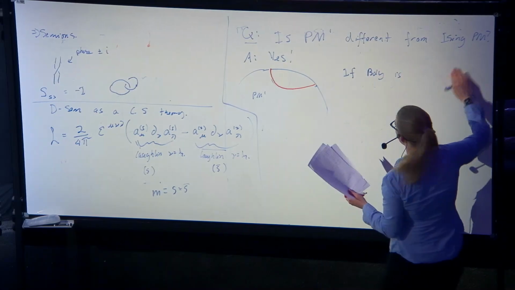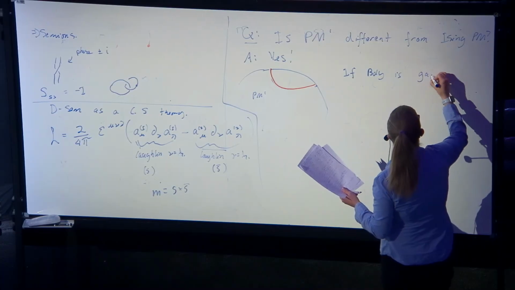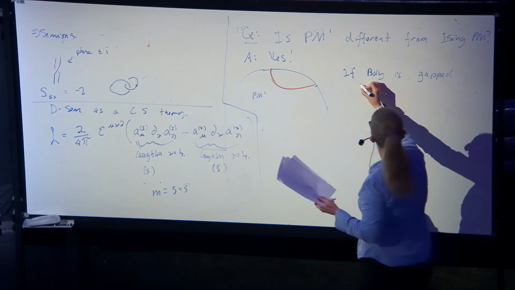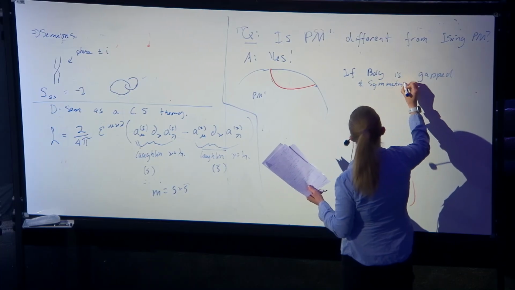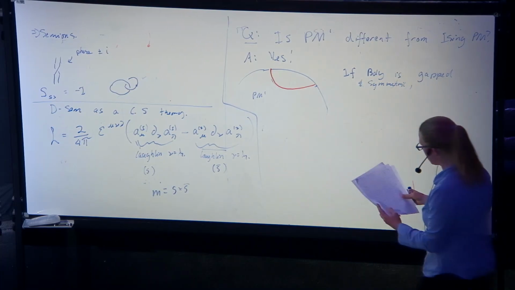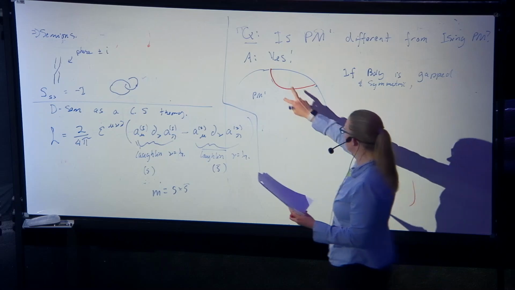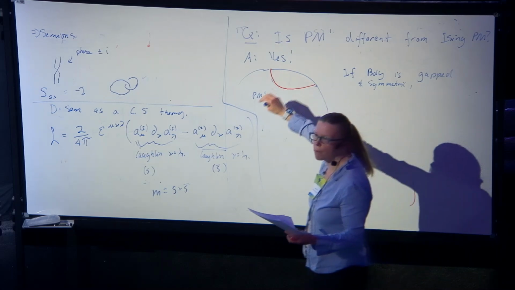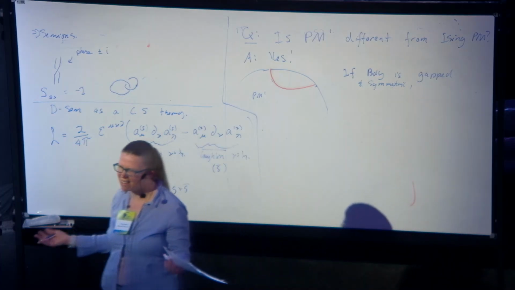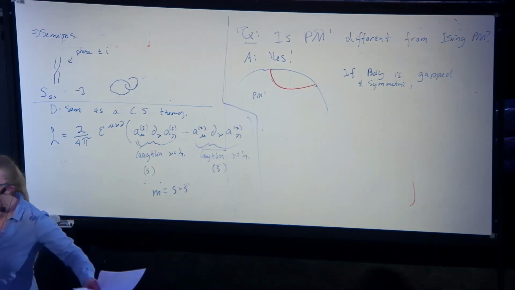Now, if this boundary is gapped and symmetric, then basically the bulk is symmetric. Here I flipped a bunch of spins in the bulk, but what we mean when we say it's symmetric is that I don't really care. It's this whole loop soup of domain walls.